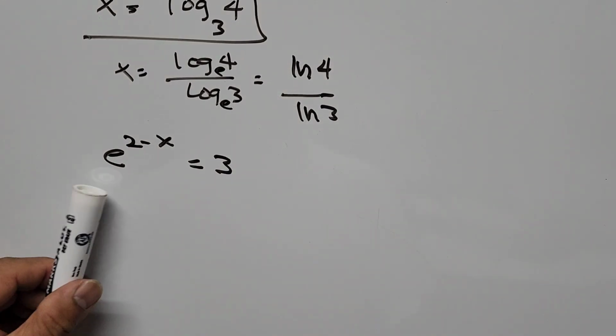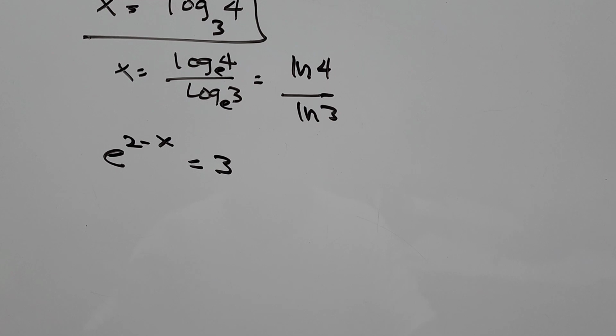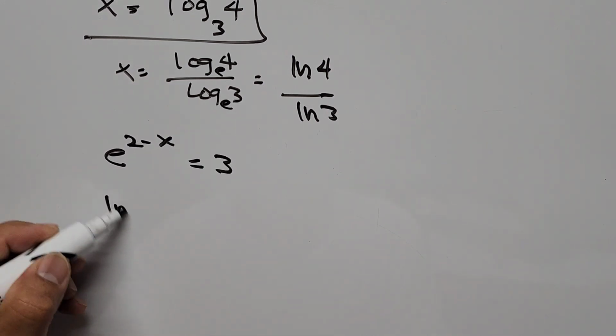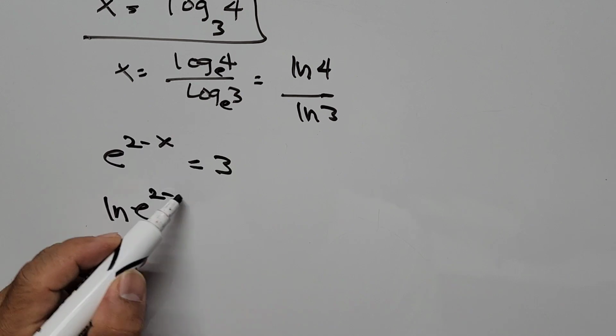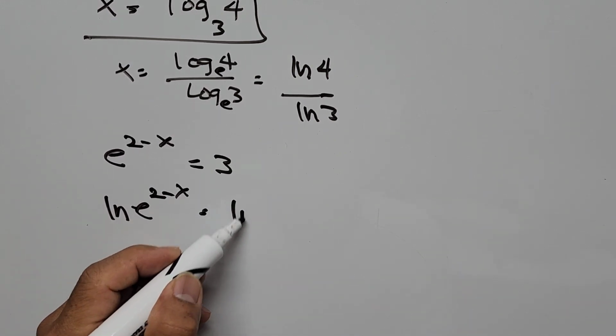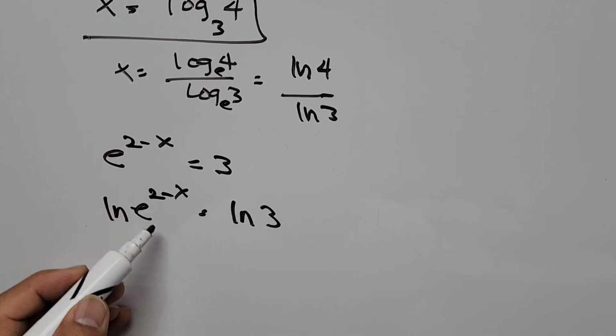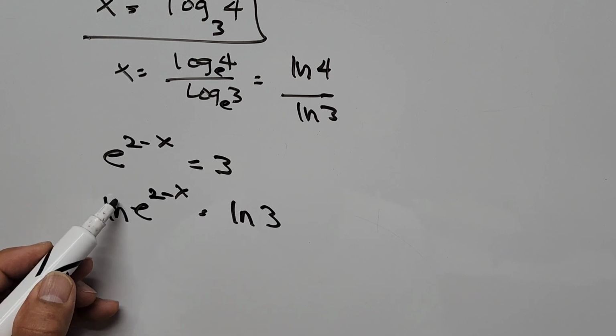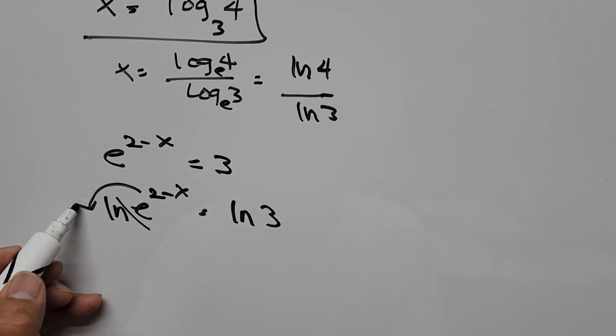How about this? e to the power of 2 minus x equals 3. So how do we solve it? Since this is base e, we'll be using the natural logarithm. So ln of e to the power of 2 minus x equals ln of 3. ln of e is 1, so you can take down the exponent as a coefficient in the front.